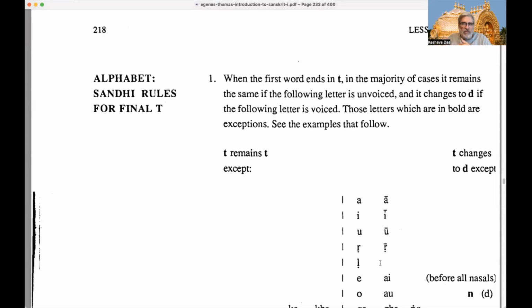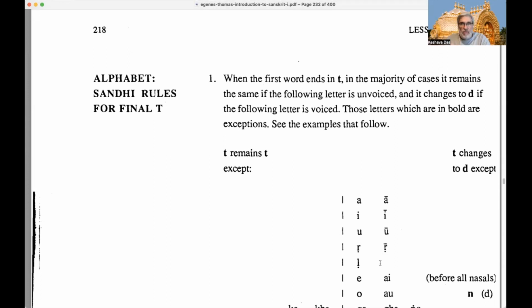So just to remind us of what is voiced and unvoiced, if we look at the five vargas, the first two vertical columns are what we call unvoiced. They're also called hard, or in Sanskrit, aghosha letters.